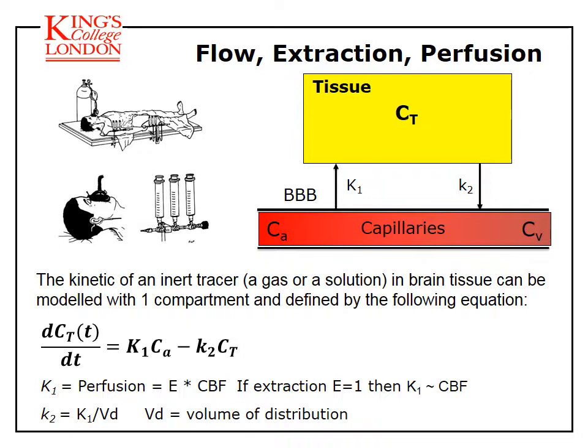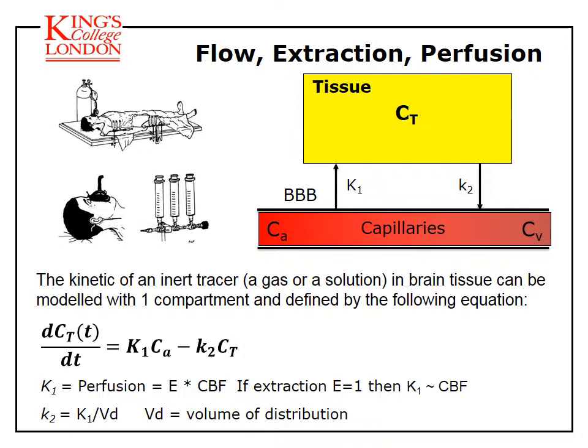Now, for nitrous oxide, E is actually 1 because it is fully extracted. Now K2 is equal to K1 divided by the volume of distribution of the gas in the tissue, which is actually known and fixed. At the time, there was no imaging method, so they had to use the venous concentration as a proxy for the tissue concentration, because the two get in equilibrium, say, after 10 minutes.